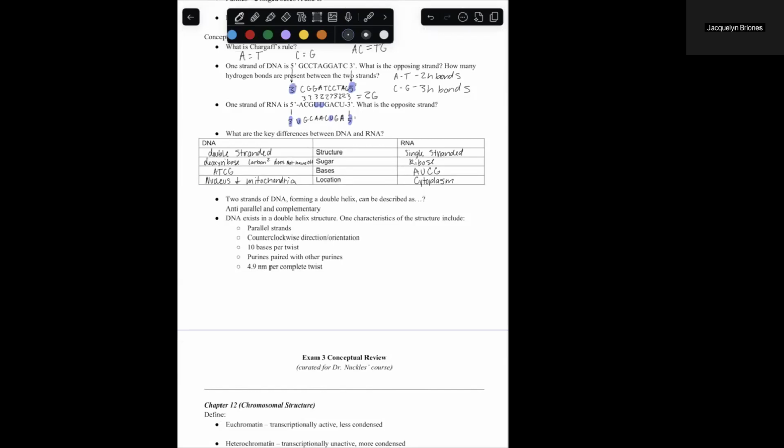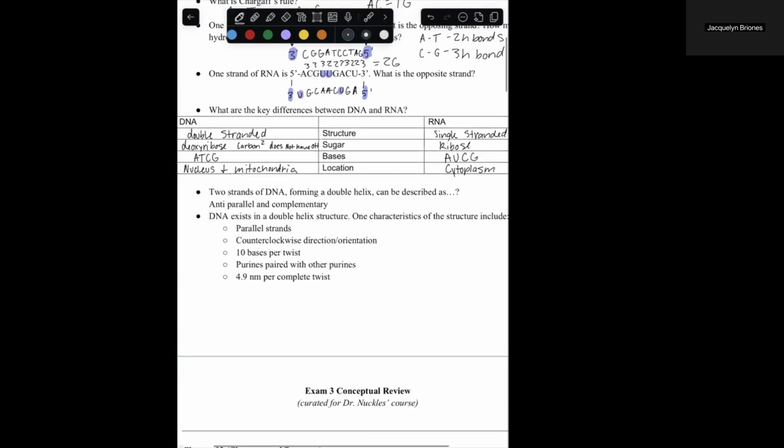DNA exists in a double helix. One characteristic of the structure includes parallel strands, which we know is wrong because DNA is anti-parallel. Counterclockwise, we know that's wrong because DNA is clockwise. 10 bases per twist sounds right, but let's see our options.